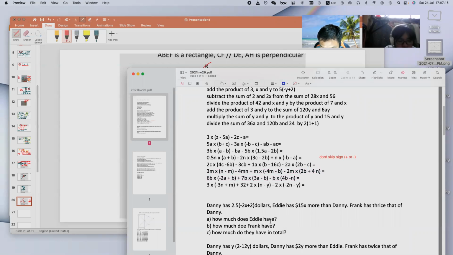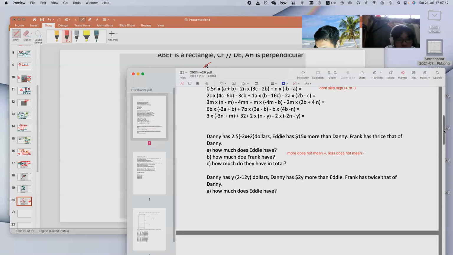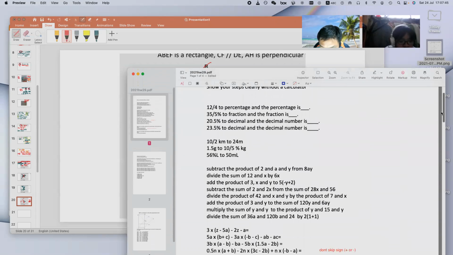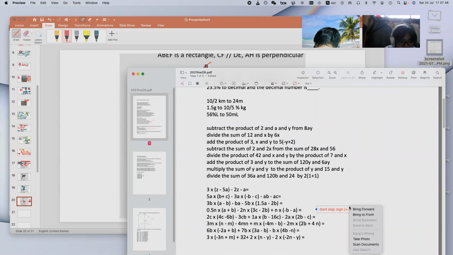Then my comment for the below one is, more does not mean plus. Then of course less does not mean minus. So you have to ask yourself. Then of course this part, don't skip step. Don't skip step.